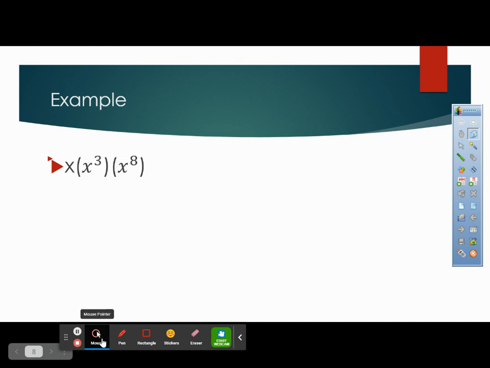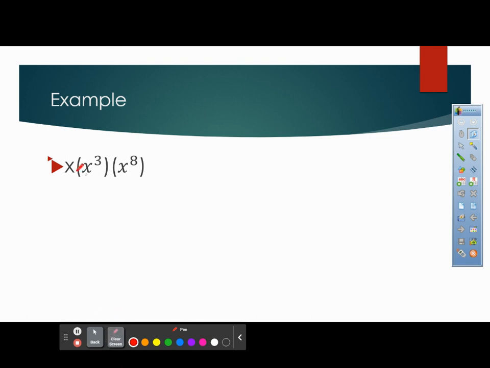Here's our next one, number 3. Write this one down. x times x to the 3rd times x to the 8th. Number 3. x times x to the 3rd times x to the 8th. All right, Gavin, tell me, what would you do first? You would find that exponent, or not exponent, base.